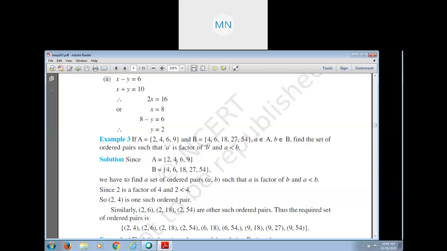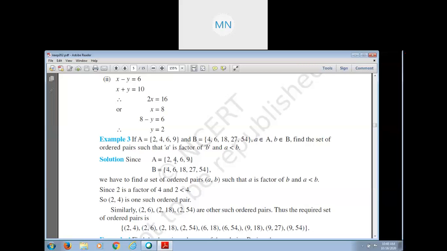Okay? So if we choose 4, then what will the ordered pair be? (4, 6). Is it true that 4 is a factor of 6? Yes, ma'am.